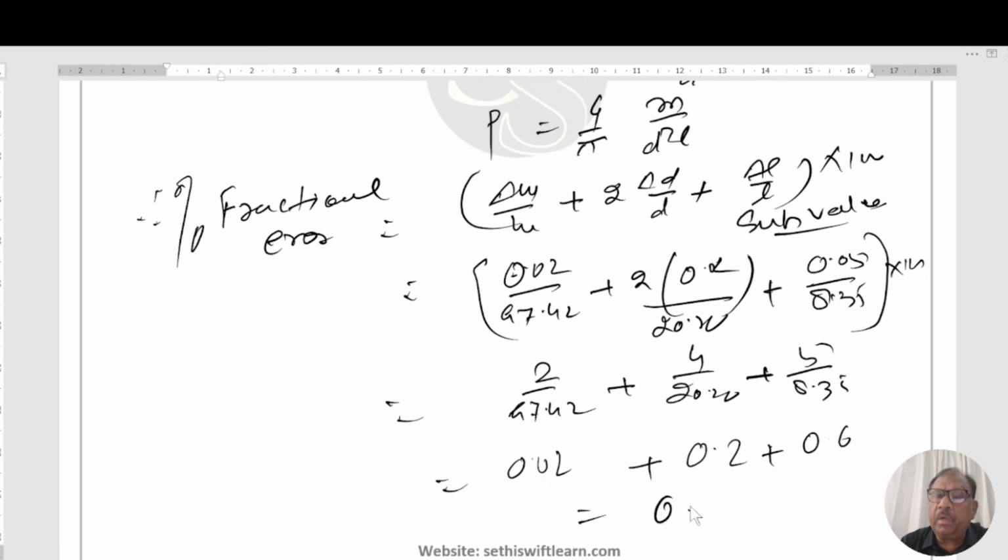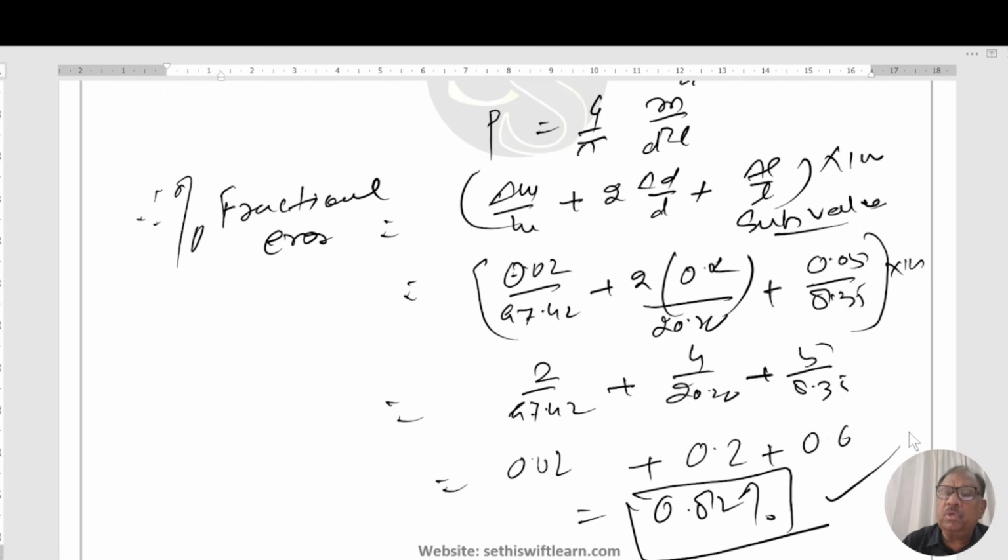So approximately 0.82 should be the answer. Try to simplify. In any JEE Main question, calculation is the main point for success. If you understand the concept but calculation is poor, you will get 0 marks in that question, right? So 0.82 is the answer.